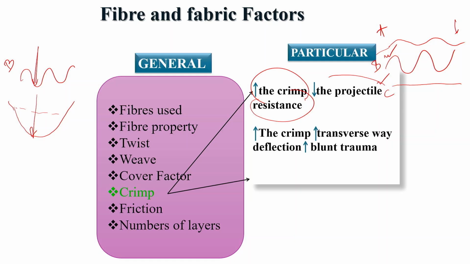So, resistance to the projectile will reduce. That is why with an increase in crimp, the projectile resistance will reduce, because before the yarns or fibers are under stress and share the stress, there is a large deformation of the yarn itself due to removal of crimp, and then the energy dissipation will be reduced.